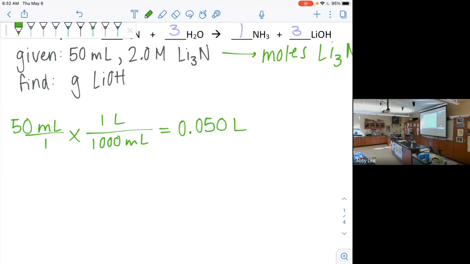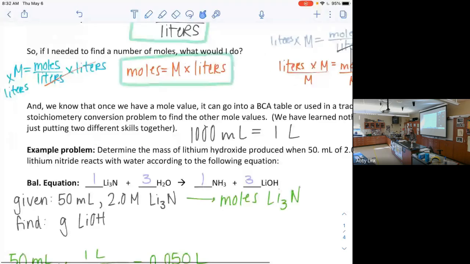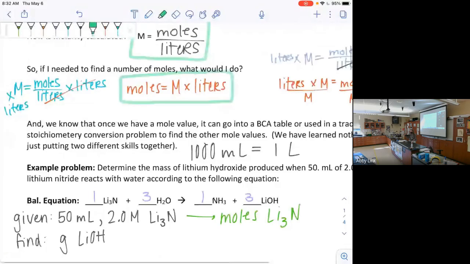So let's figure out which one of our equations up here we want to use. We have molarity in liters, so we're solving for moles. I'm thinking we're going to use moles equals molarity times liters.